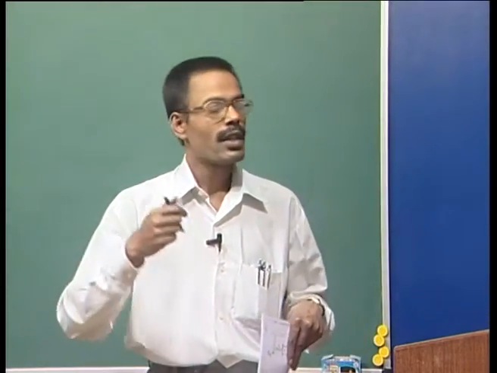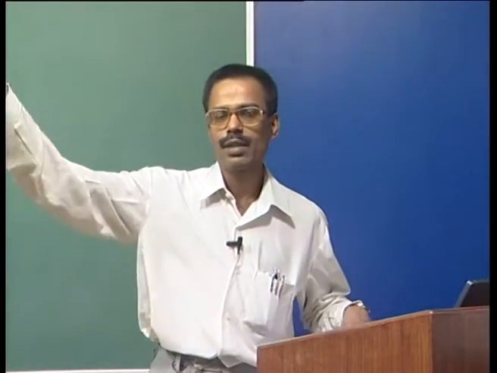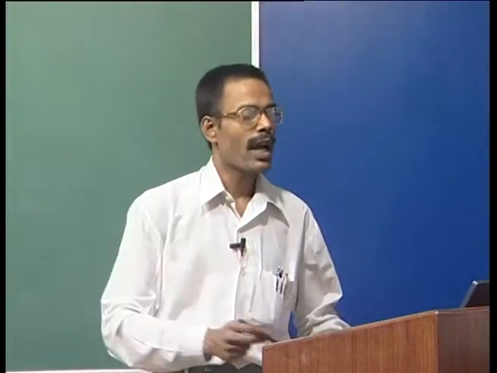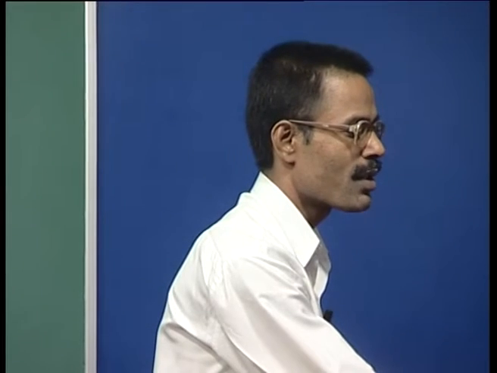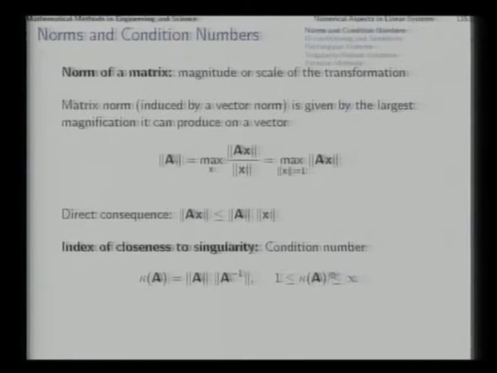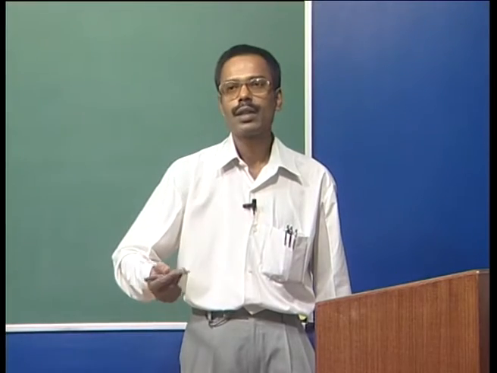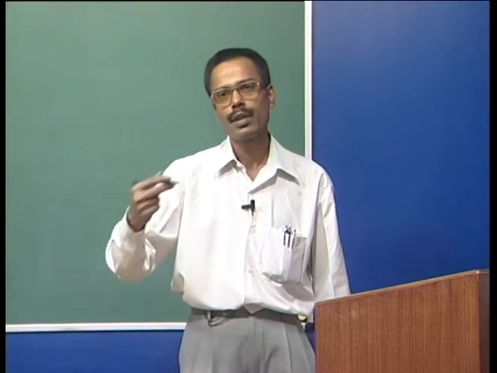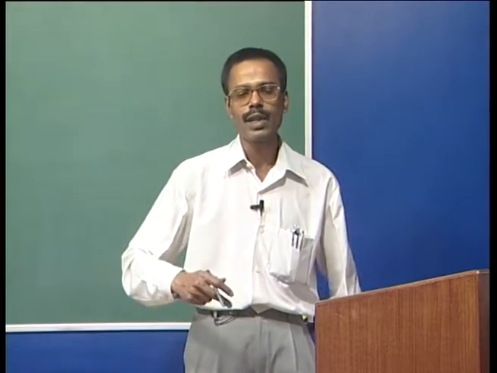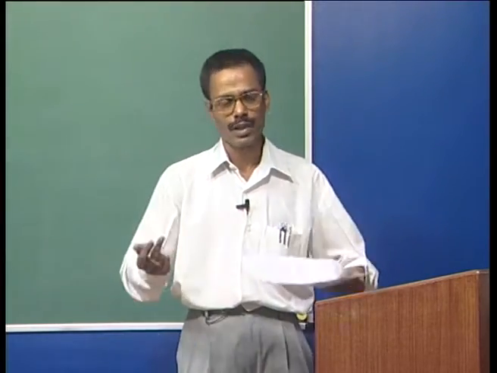In that case you will have a very disparate spectrum of magnifications, and the condition number, the product of these two norms, will tend to infinity. For a singular matrix, in the limit kappa will tend towards infinity. So, the higher the condition number, the closer the matrix is to singularity. The lower the condition number, the more well rounded its mapping is.